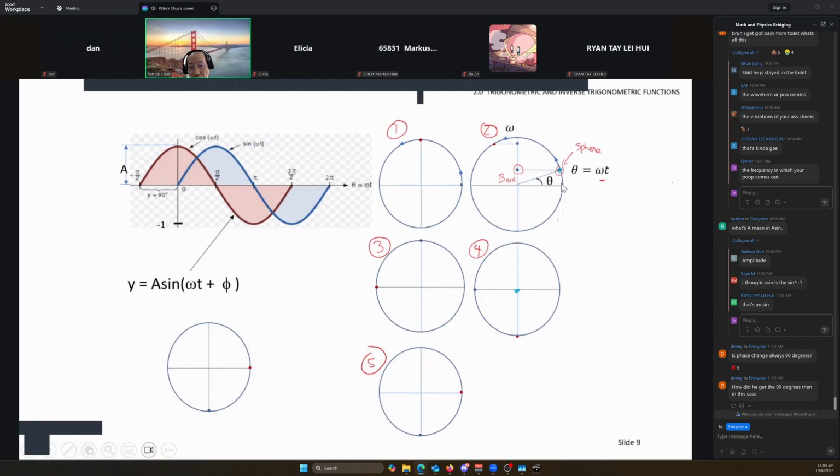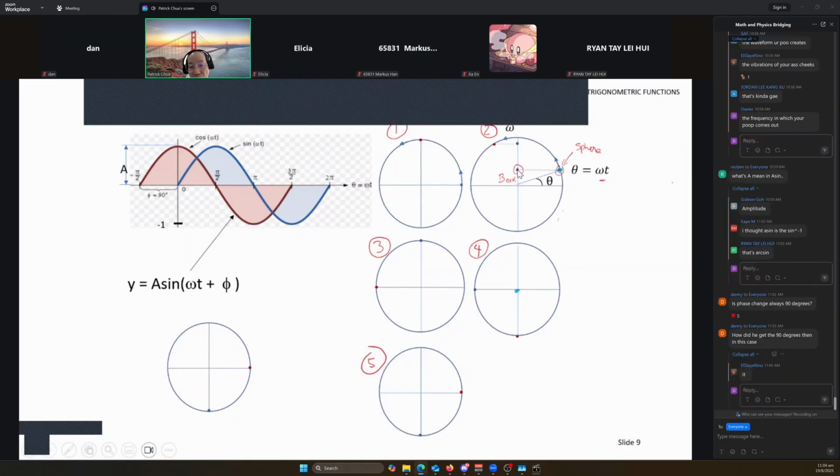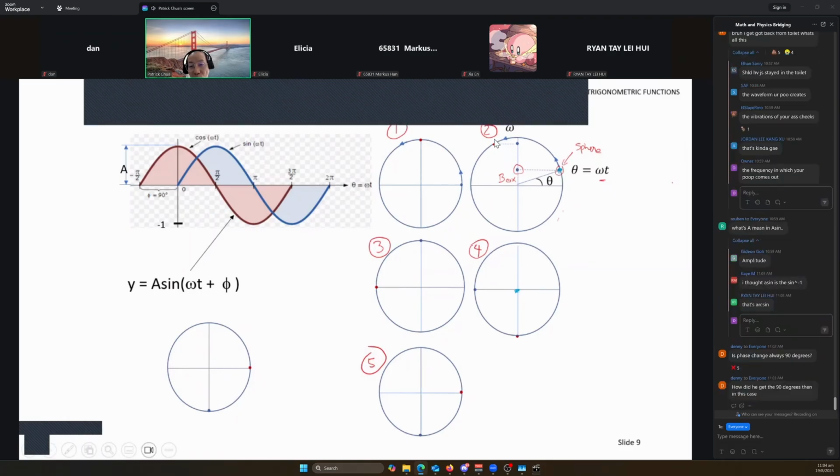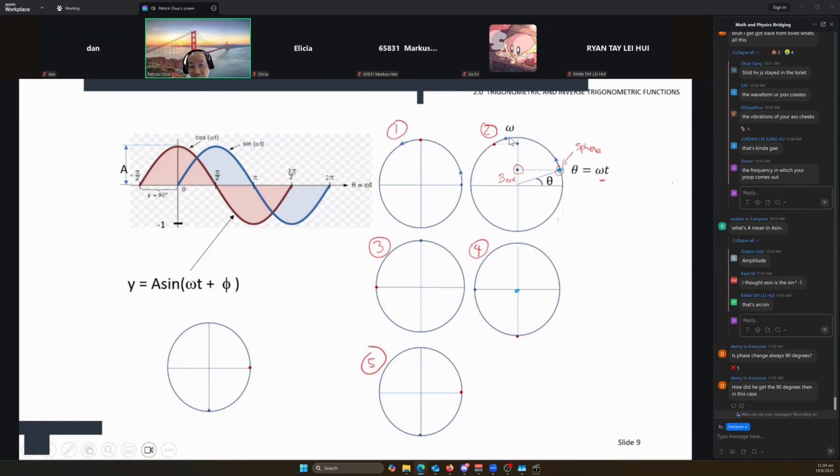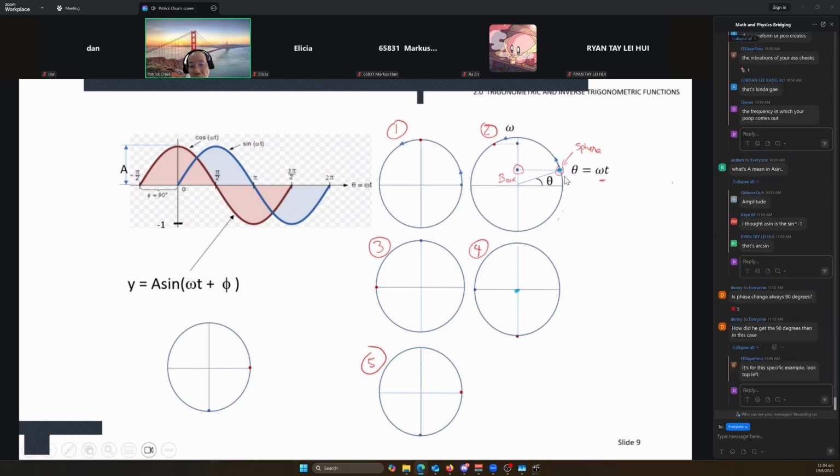When the blue dot starts to move to here, its corresponding box is here. Both start to move at the same time. The red dot moves, and its corresponding box is there. It is moving with a velocity omega.